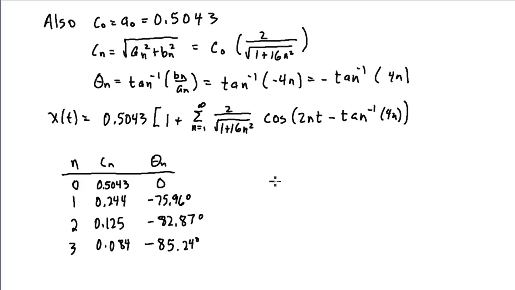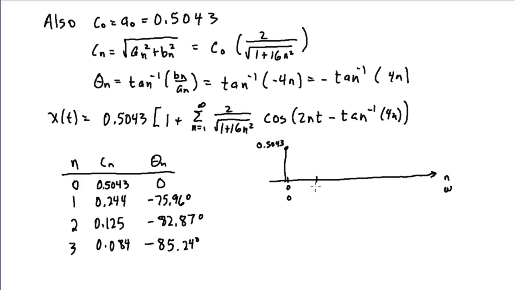So with the amplitude spectra, it's probably easiest to plot these versus n, but we also are interested in the corresponding frequency components. So for n equal to 0, that's a frequency of 0. We plot our C0 component. Of course, that's going to be right here at approximately 0.5043.